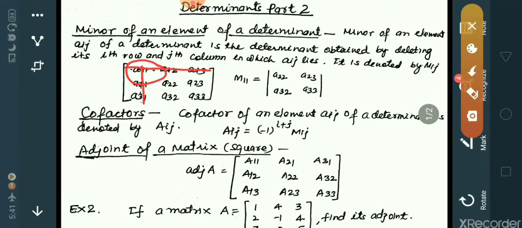After that you get a determinant of 2 cross 2. That will be the minor of element A11.